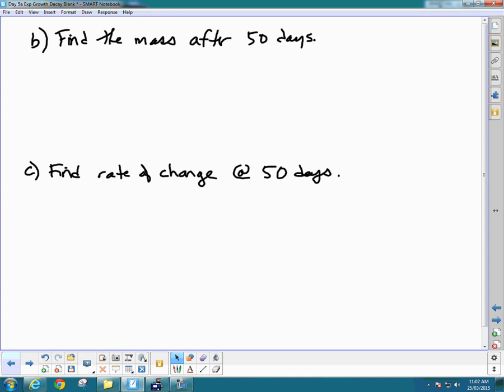So hopefully you've had a chance to try these on your own. I'll do them here. It's at 50 days, so I'm going to add in the 50 right here. T equals 50. Again, this is really an exercise on your calculator.